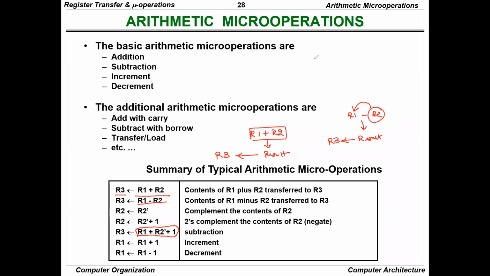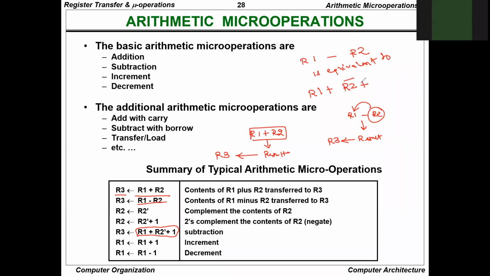What is the meaning of this? Please see. R1 minus R2 is equivalent to R1 plus R2 complement plus 1.